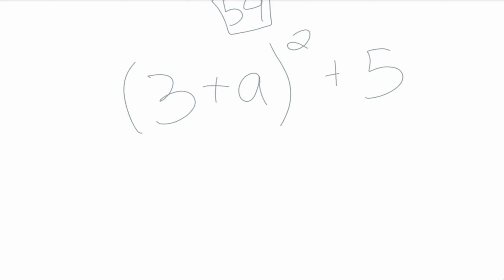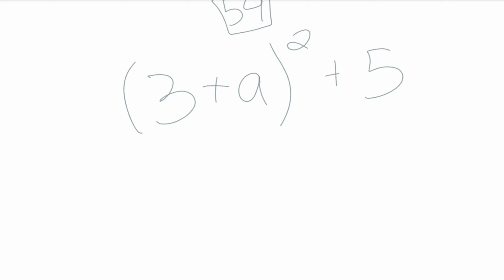If I took that exact same setup, but instead of 3 plus 4, I had 3 plus a to the power of 2 plus 5, now I can't solve it because a stands for an unknown number. That number might be 4, it might be 15 or 25 or negative 100, or it maybe depends. That's why it's called a variable.